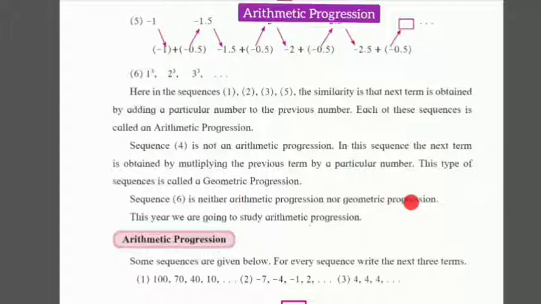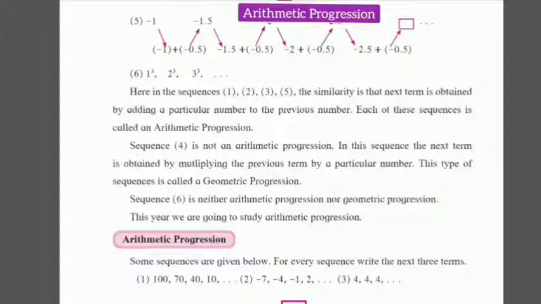Geometric progression means what? See here, the next term in the sequence is obtained by multiplying the previous term by a particular number. Then this type of sequence is called a geometric progression, which we discussed in the fourth sum.